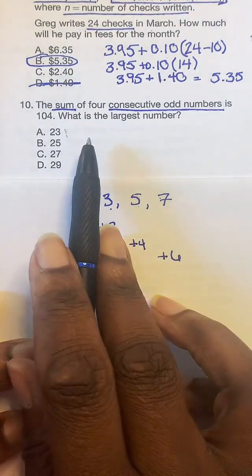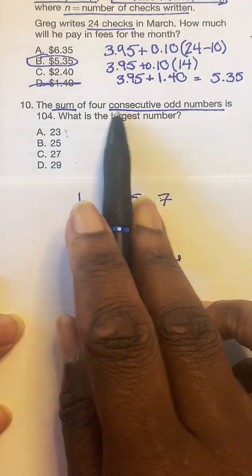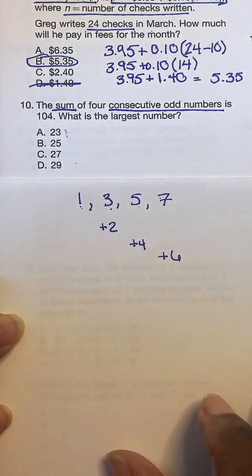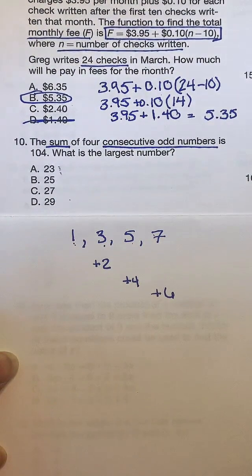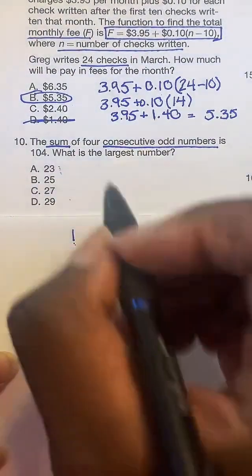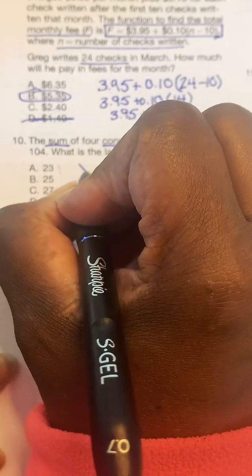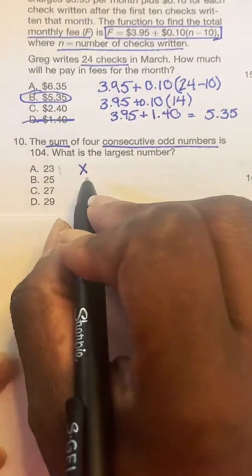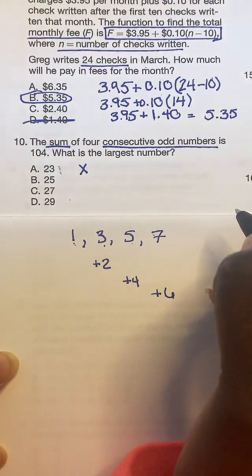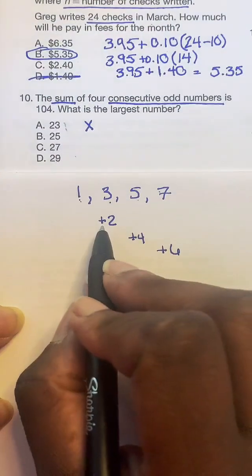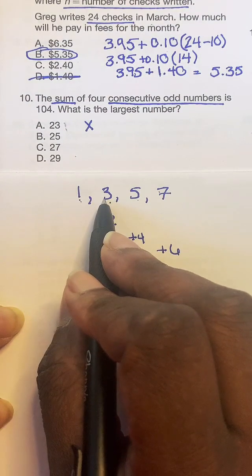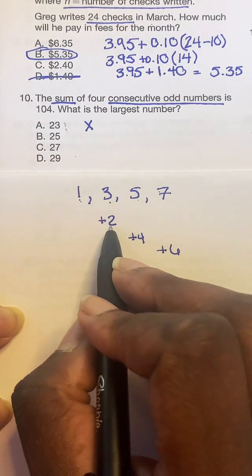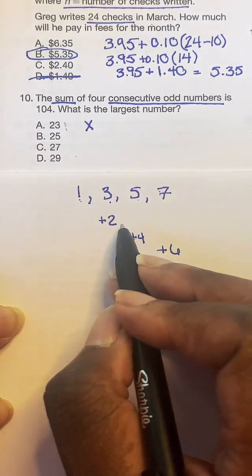So the best way that I can say this, if I want to figure out 4 consecutive odd integers, and I know I'm looking for the largest number, but we don't know where we want to start. Since I can start basically anywhere, as long as it's positive, my first number I'm going to represent X. And like I showed you here, in order for me to get from 1 to 3 to the next odd integer, I need to add 2. This can work for anything.